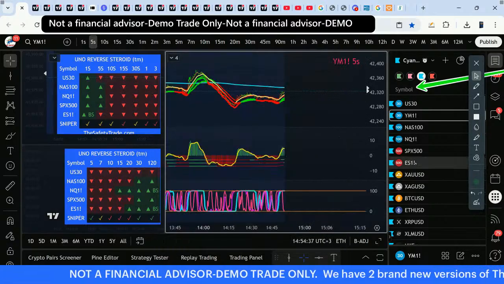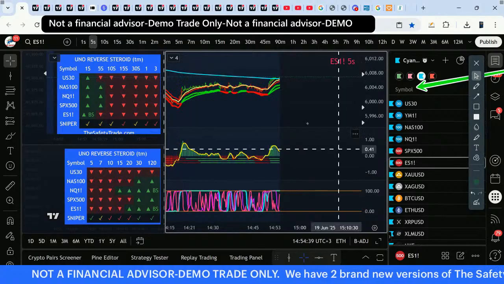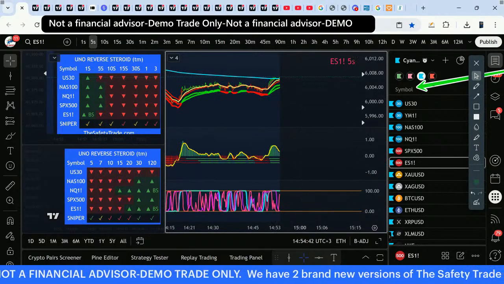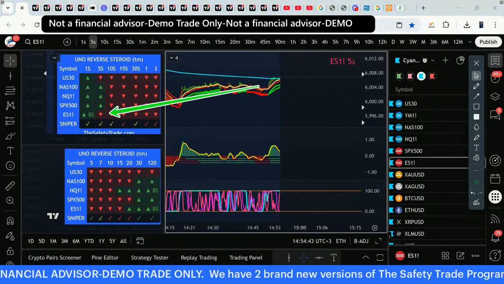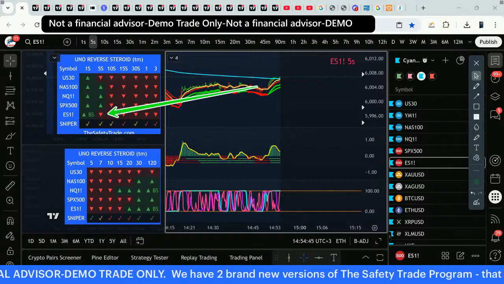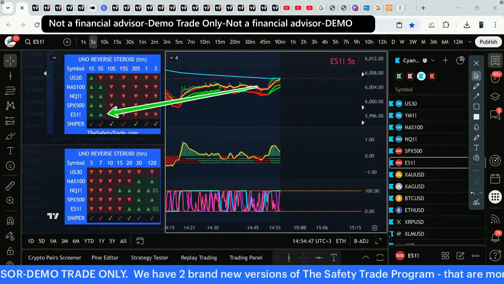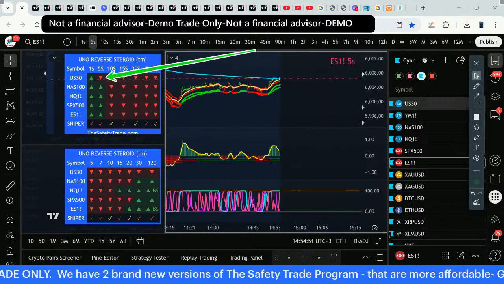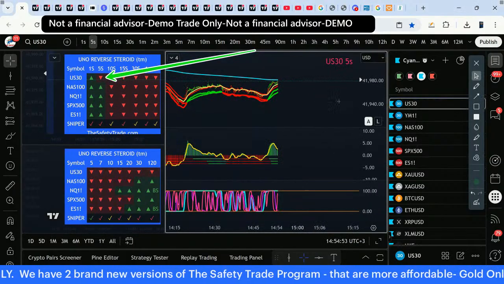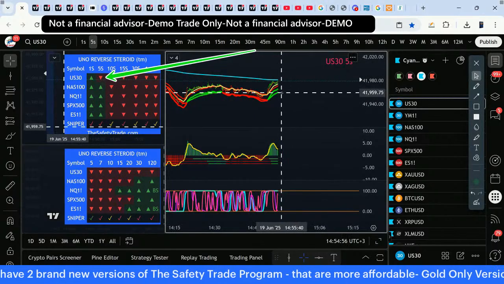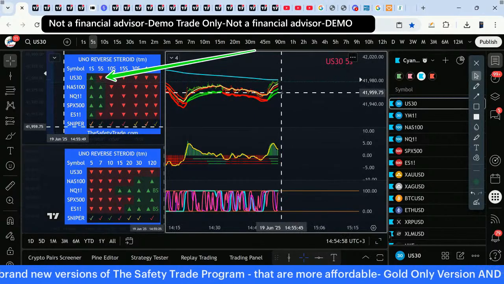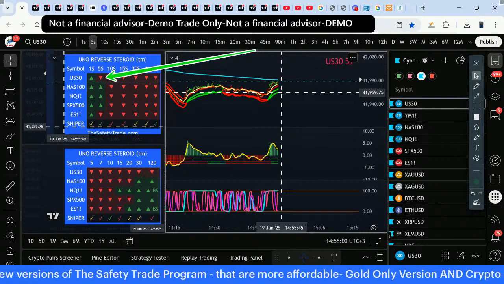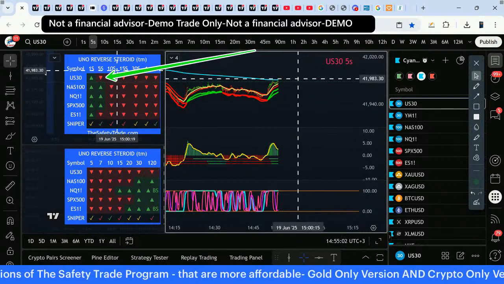There's your take profits where I'm showing, ES1 to the 5-second blue line. Oh, it's already there. You're going to see this change colors. Why isn't this changing colors? There we go. Next up, you're going to see US 30 change colors right here. There you go. Buy stop in the 5-second blue lines.